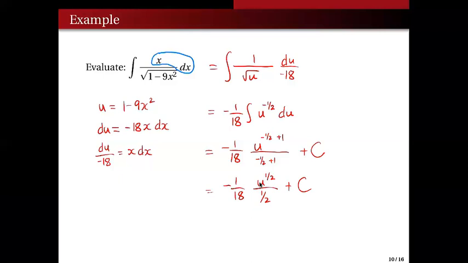We simplify this and we bring back the original variable. This is just negative quantity 1 minus 9x squared raised to 1 half over 9, plus the arbitrary constant c. So far, so good.